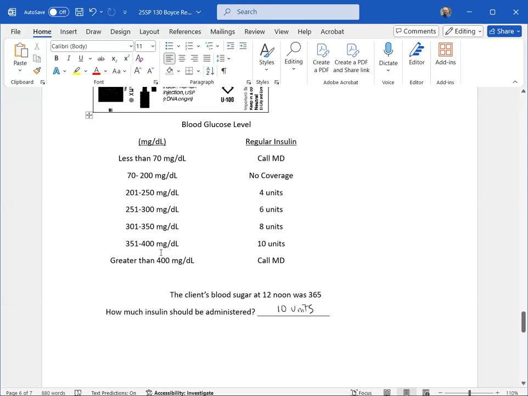So my assumption, and you might want to clarify this with your instructor, is that if it's 400, you might want to clarify what you should do in that situation. I think if they're at 400, probably a good idea to call the doctor, but I don't know that specifically. It's a good question. The range is a little bit off here because normally we could distinguish, right? So 250, 4 units, 251, 6 units. So I don't know if this was supposed to say 401 or not. So good question. I don't know.